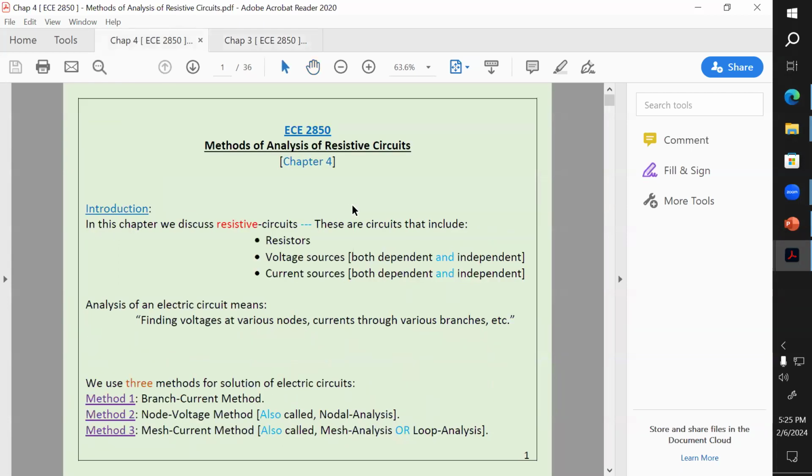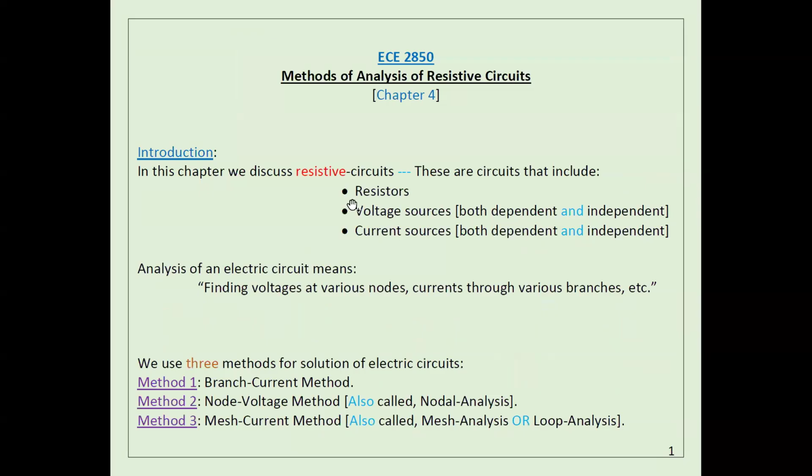So chapter 4. Here, in this chapter, we need to do analysis for resistive circuits. Analysis means I want to find the current and the voltage everywhere in the circuit. To do that, we have 3 approaches. The first approach, we call it the branch current method, and this is the same approach I used in chapter 3.